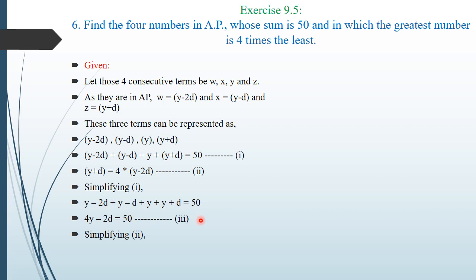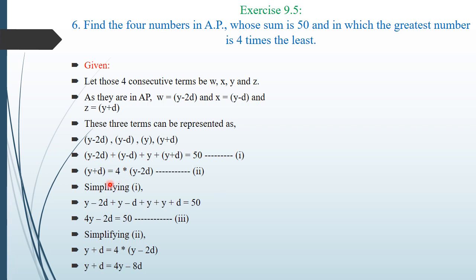I'm going to represent this as equation number 3, because again there are two unknowns in this. I cannot directly find the value of y or d. So as you know from the pair of linear equations chapter, if I have two variables, I'll need at least two equations to solve them. So we need to form one more equation, which we'll do using the second statement.